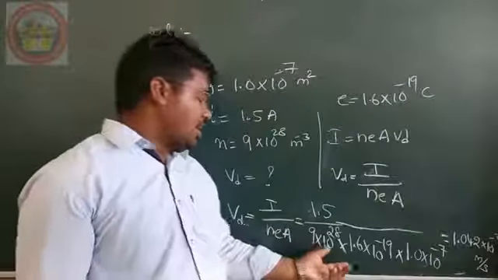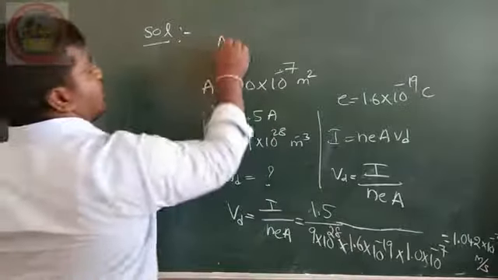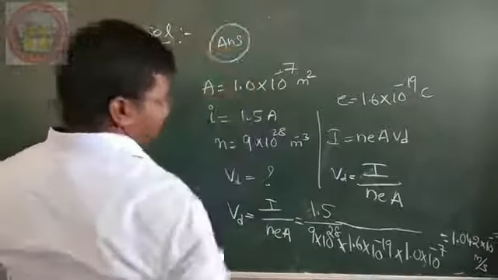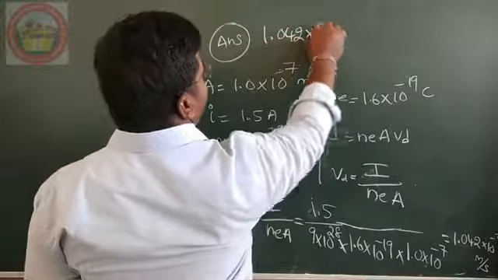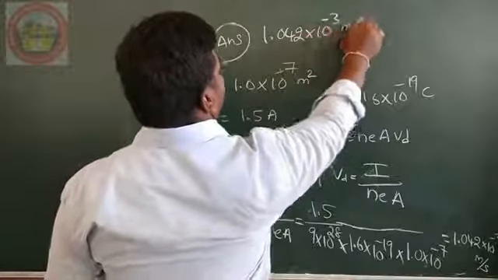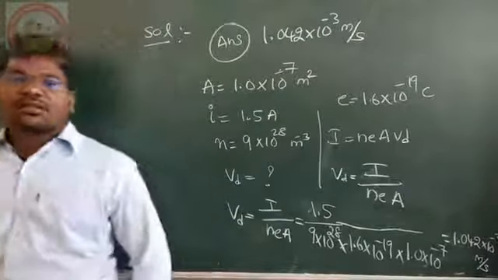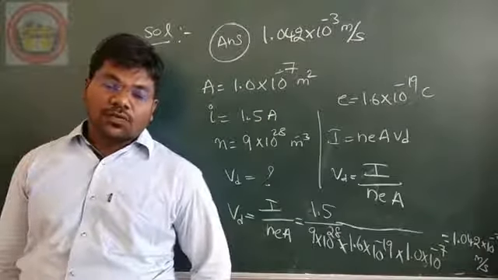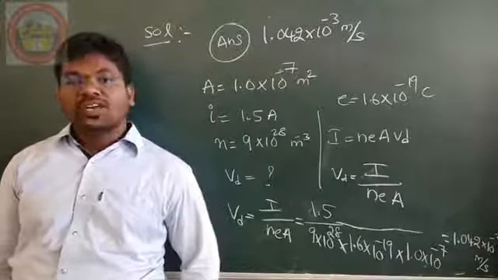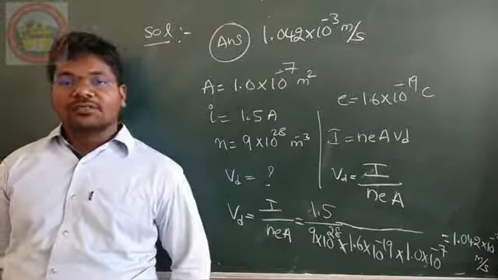Okay, so after cancellation we can get the answer. What is the answer? Drift velocity is equal to 1.042 into 10 power minus 3 meter per second.